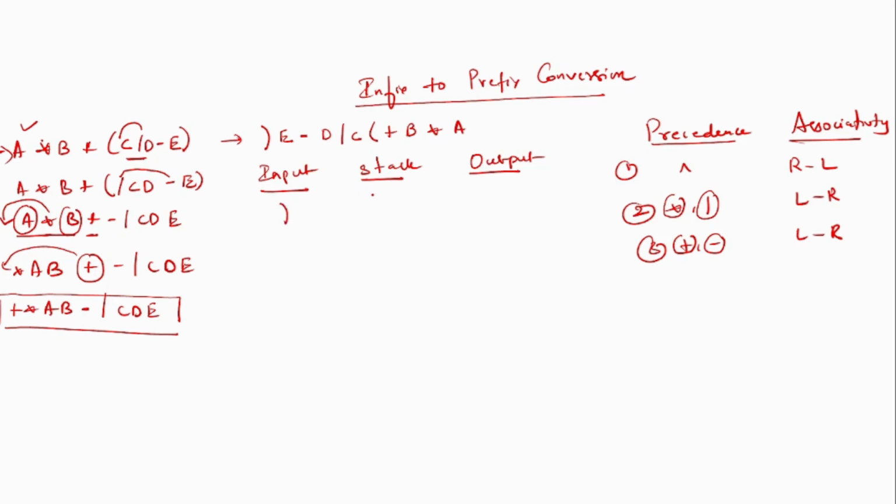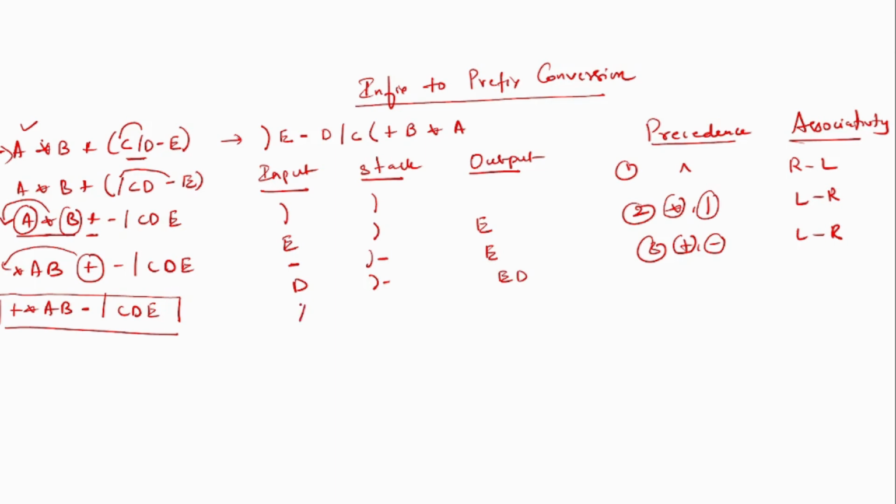I will push this into the stack here, nothing in the output. Then I have e. E is not an operator, therefore I will directly write e here, and the close parenthesis remains in the stack, right? Then I have minus. I will put minus after the close parenthesis, e remains here. Then comes d. D is not an operator, I will write e d.